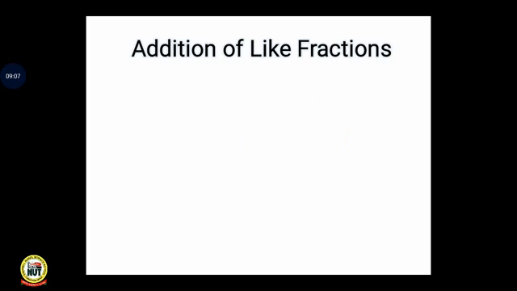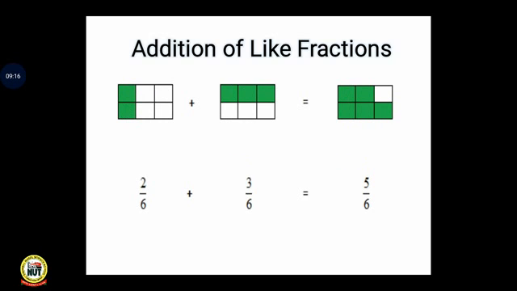Addition of like fractions. We have 2 over 6 plus 3 over 6. Now, if you are adding like fractions, please don't add the denominators since they are the same.